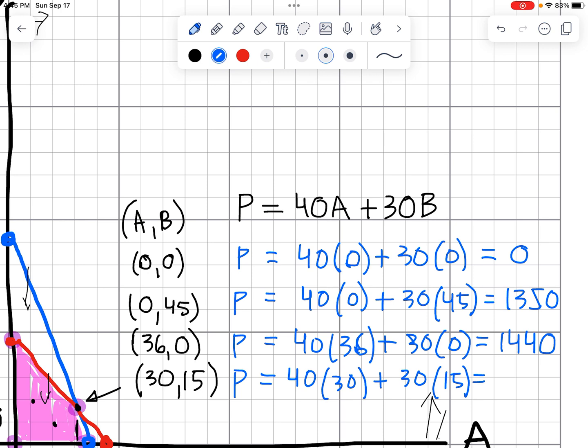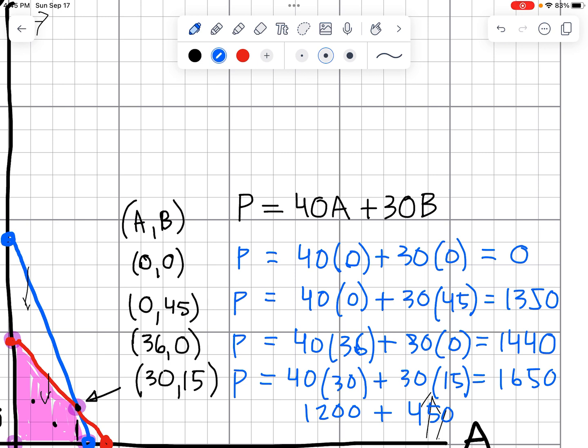Oh, let's see if we can do this math. So I believe that's going to be 1,200. I'll do this math right below here. 1,200 there, and 450 here, so 1,650.